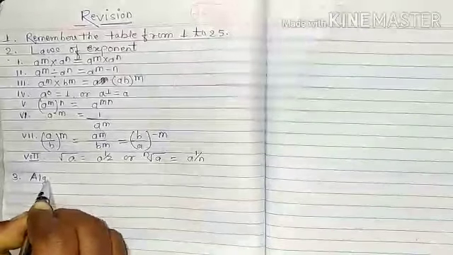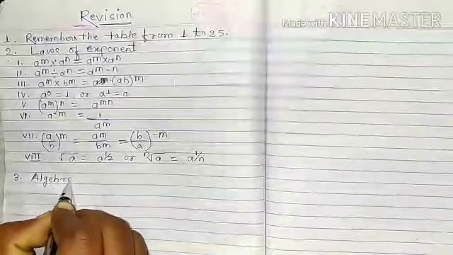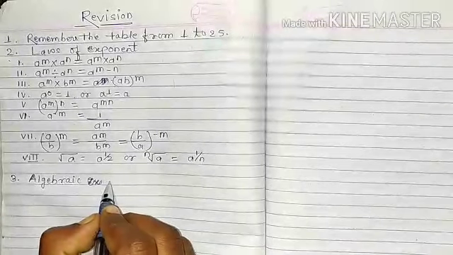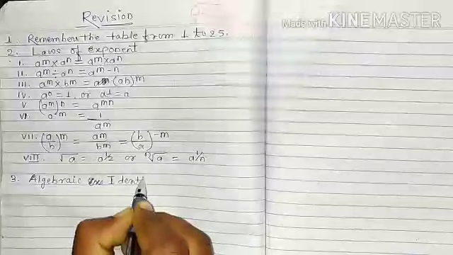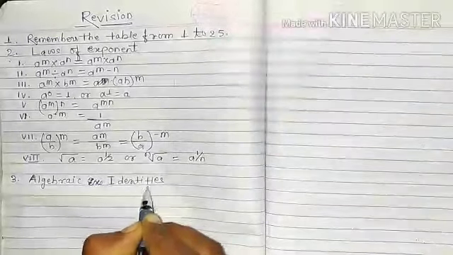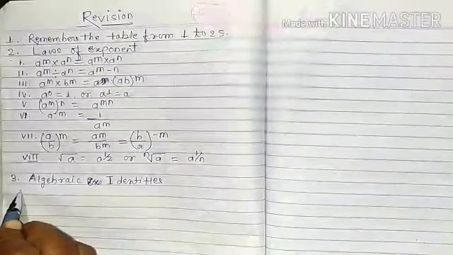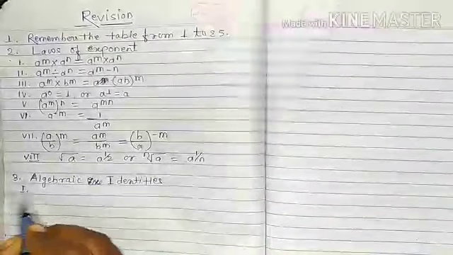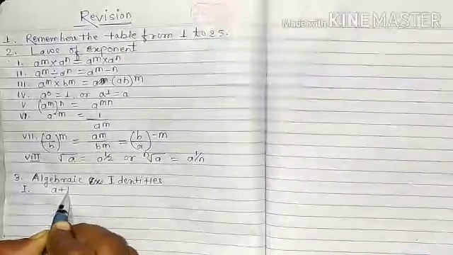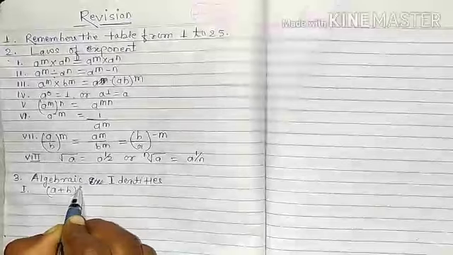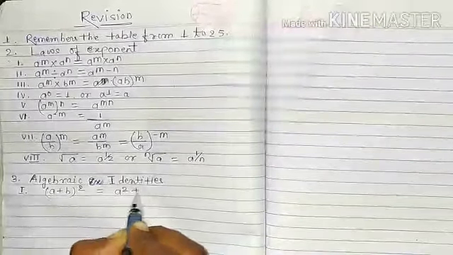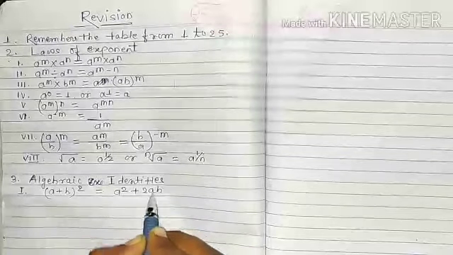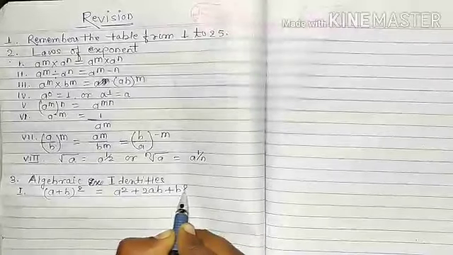Third point, algebraic identities. We revise algebraic identities. First algebraic identity is a plus b whole square is equal to a square plus 2ab plus b square.